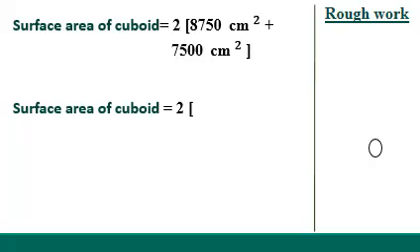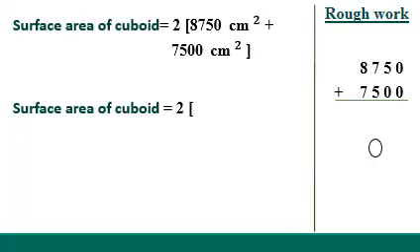Now we need to find out the sum, so we are going to use the rougher column in order to find out the sum of these two numbers which are there within the square bracket. So 8750 will be added to 7500.